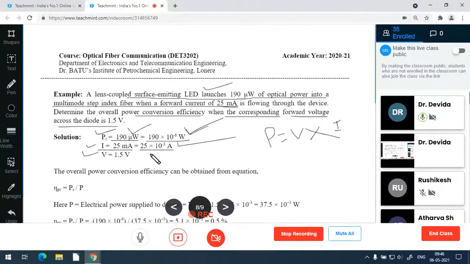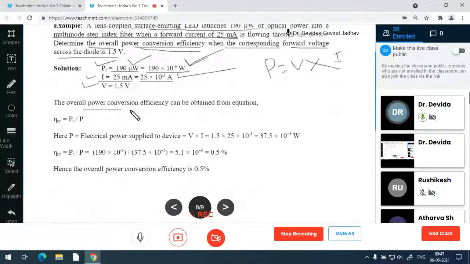So this is the lens coupled surface emitting LED, and it gives the optical power into the multimode step index fiber, and then forward current and voltage are given, and we have to find the overall power conversion efficiency. What does overall power conversion efficiency mean? The overall power conversion efficiency is eta PC, power conversion, which is PC upon P: coupled power upon electrical power.